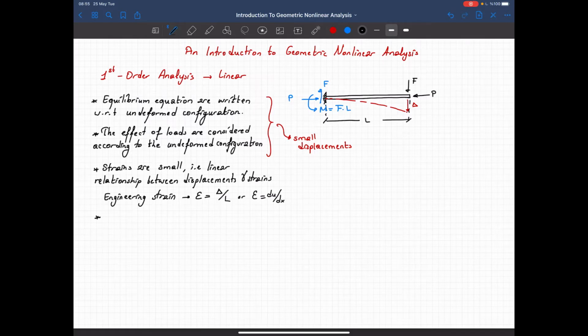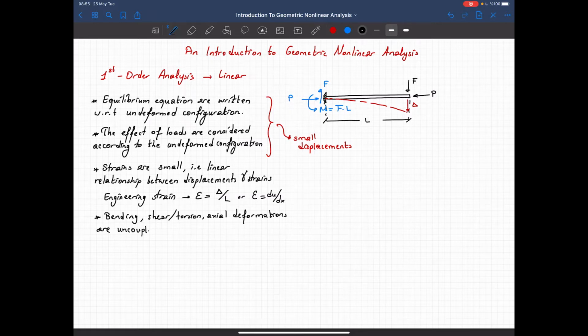And again, we say that the strains are small, so we can say that the bending, shear, torsion, and axial deformations are uncoupled.